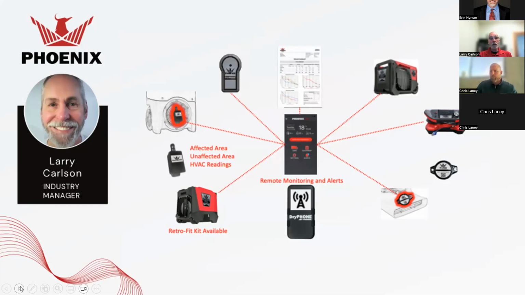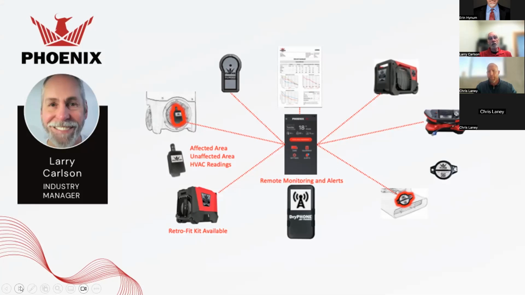I'm going to move over here to the DryMax Large, which is now called the DryMax BLE. It is also Bluetooth enabled now. Then we have another sensor called the DryTag RH. This does temperature and relative humidity, along with doing the status of the unit, whether it's running or not, and the location.